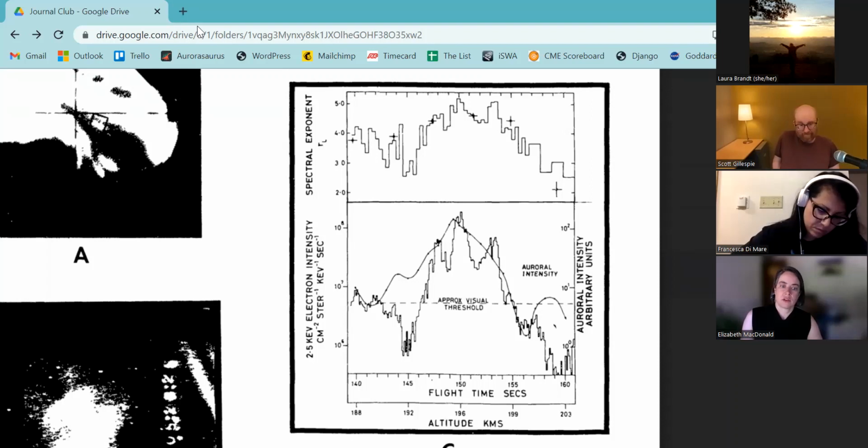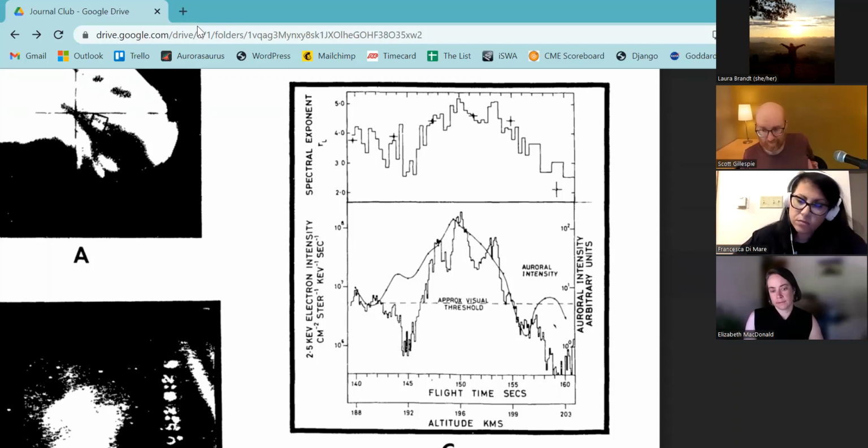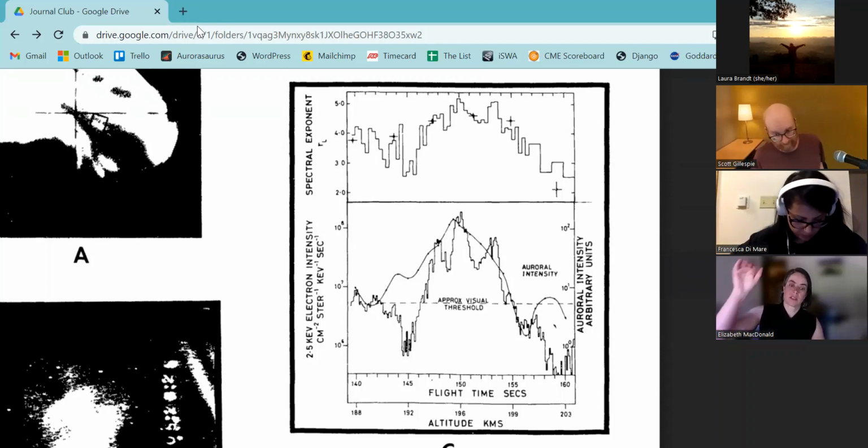And then you can see the plot goes up to 10 to the 8th. These are the rocket measurements of these particles as a function of flight time from Fairbanks here, I'm presuming, which is also a function of altitude, because these rockets make a nice parabola in the sky. They go up and come down.